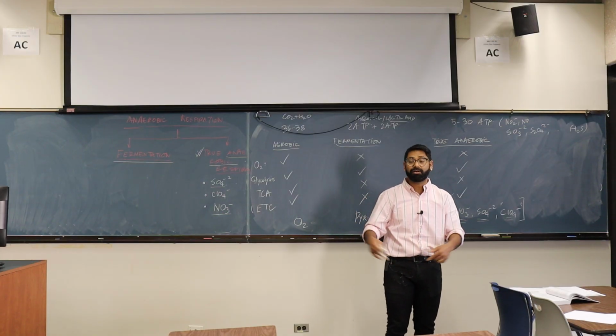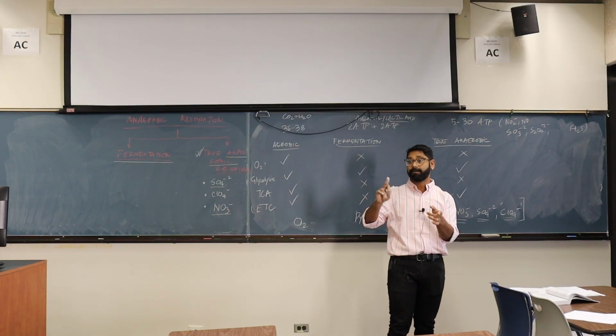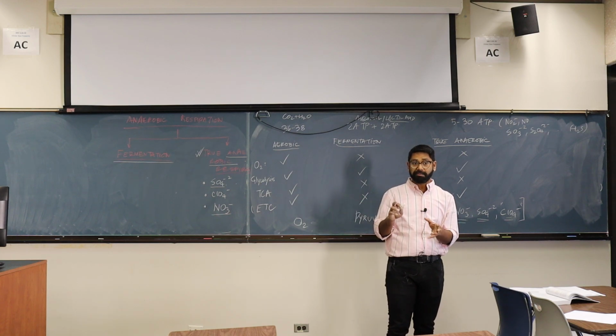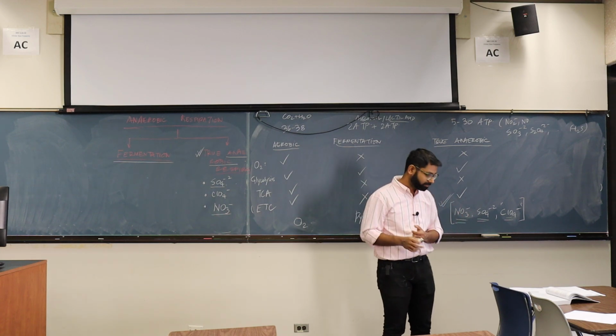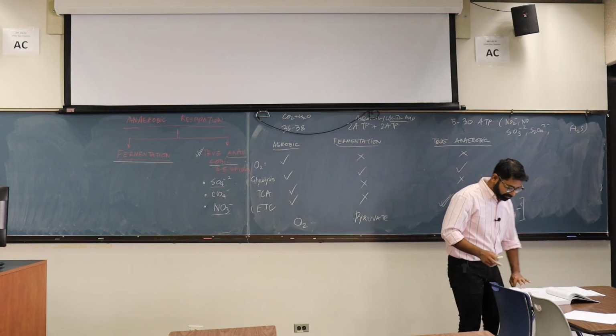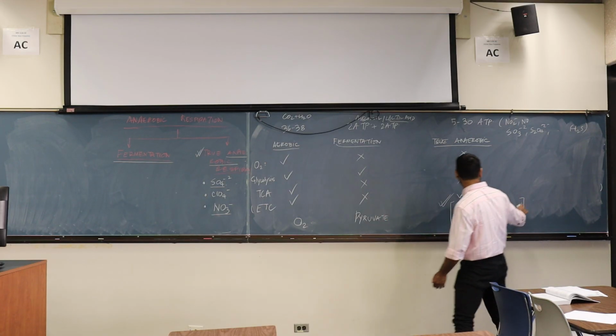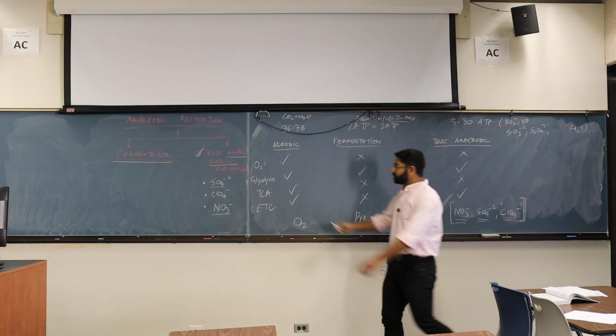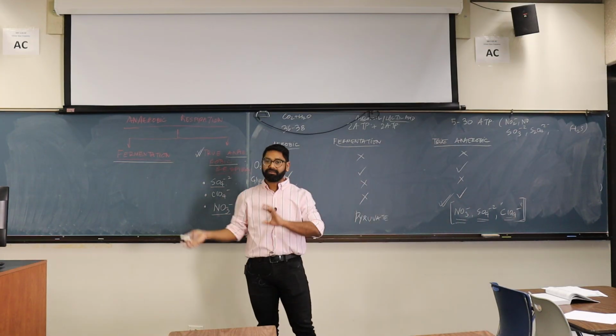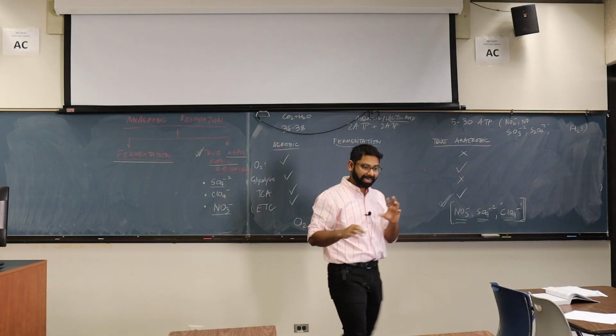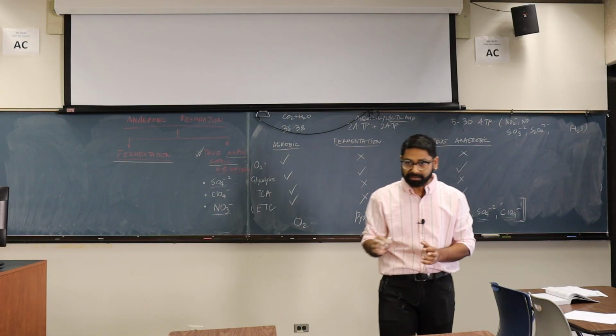Now that we have a great amount of ATP production, we can afford a lot of these complicated lifestyles. Okay? All right. Now, this was the reason to understand these. So this was all about the aerobic versus anaerobic. So this is all about the electron acceptors.